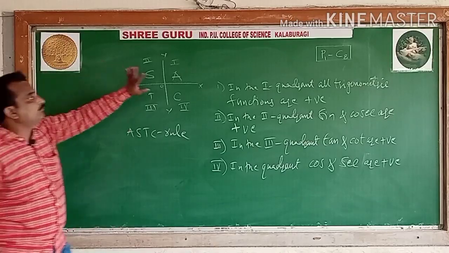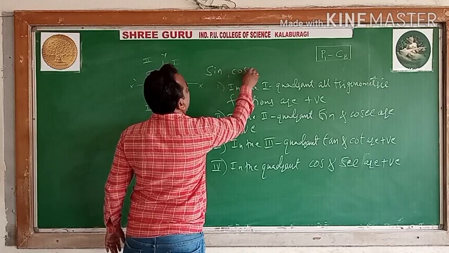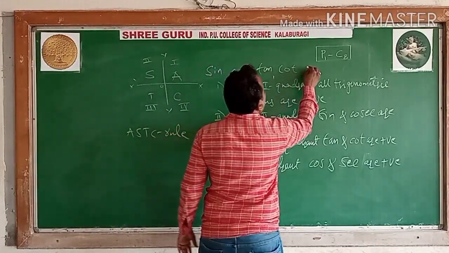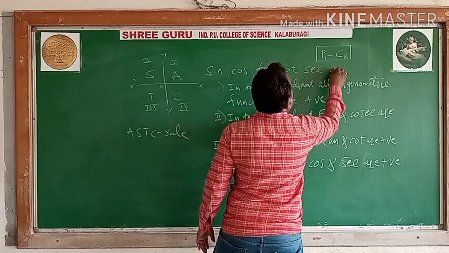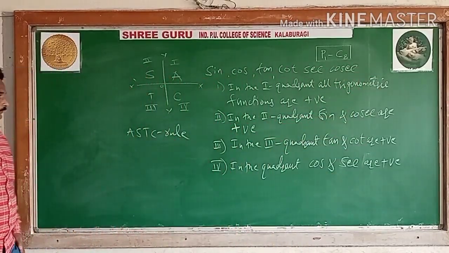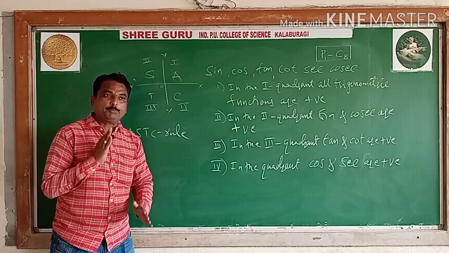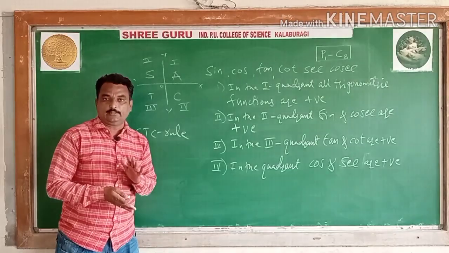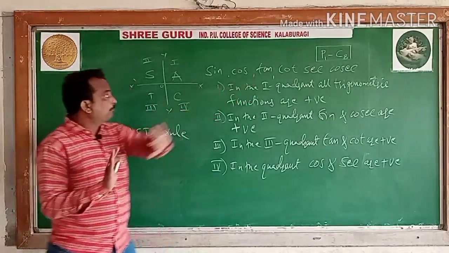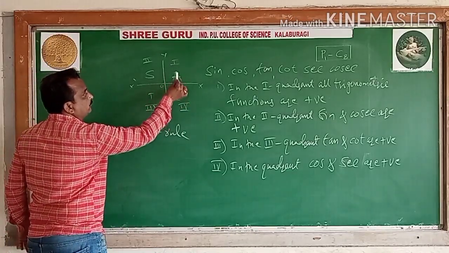With respect to the quadrants, we have studied the sign of these 6 trigonometric functions. With respect to the standard positions of the angles, you may identify the trigonometric functions. In the first quadrant, all the trigonometric functions are positive.